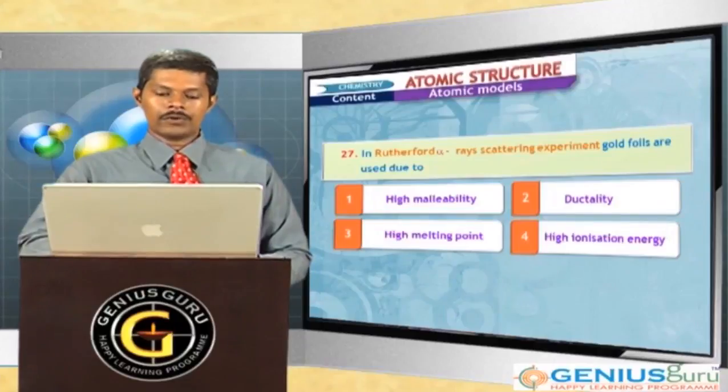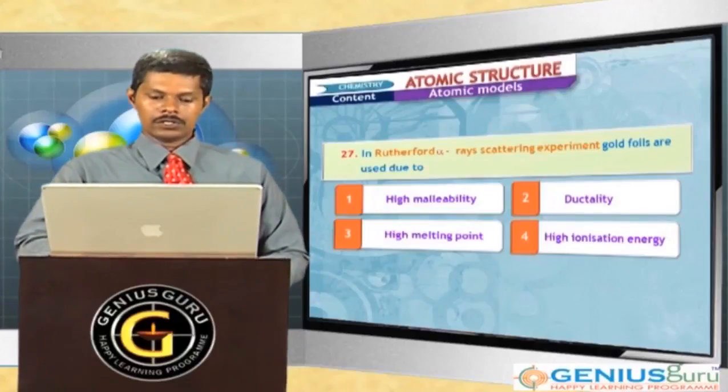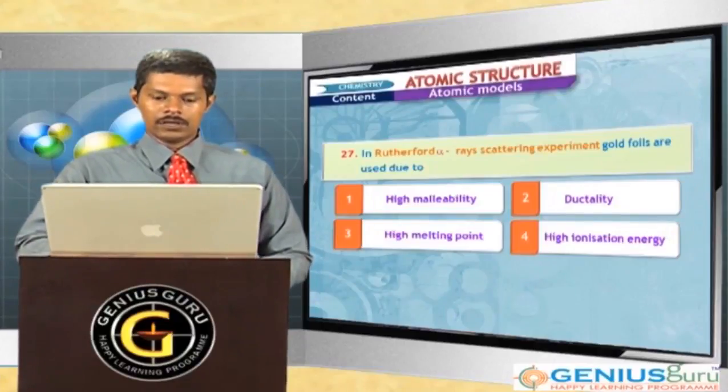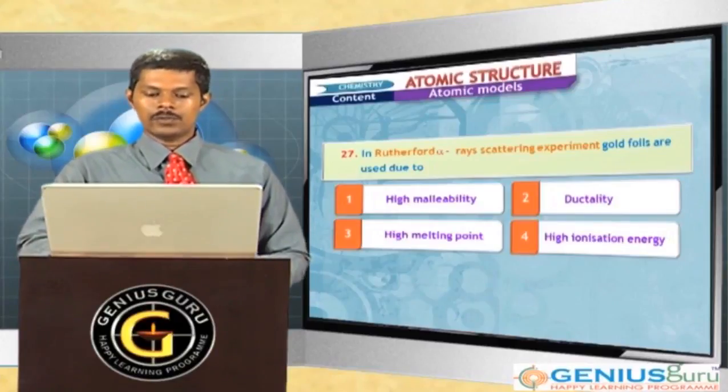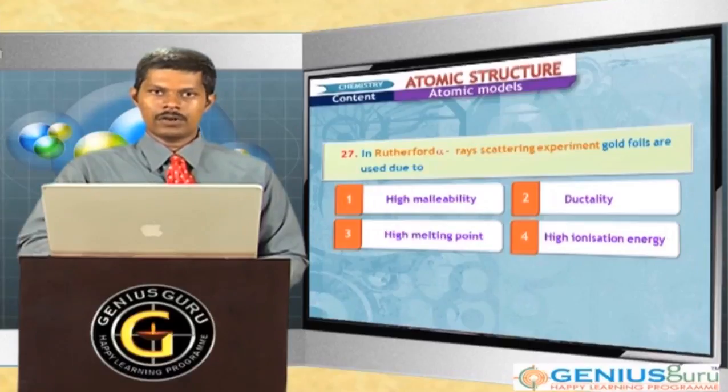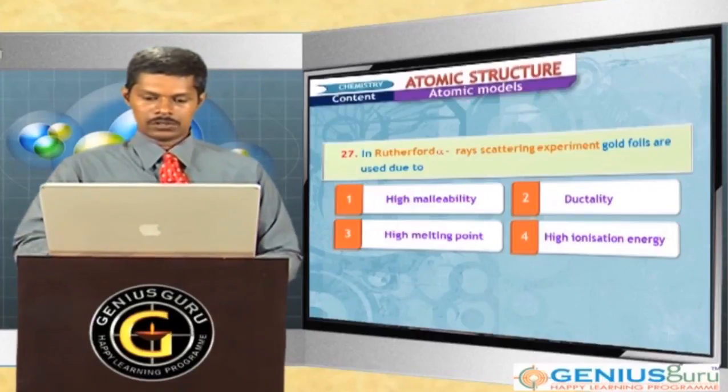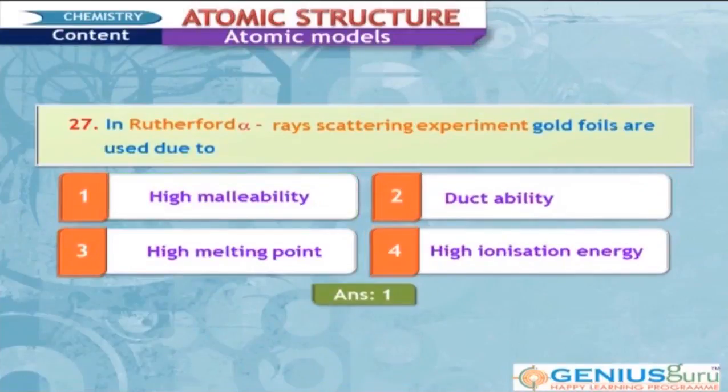In Rutherford alpha ray scattering experiment, gold is used as a metal for scattering. This gold has high malleability, so it can be easily made into a thin film. We need the thin film, so for this purpose this highly malleable element, gold, is used. Hence the correct option is 1.